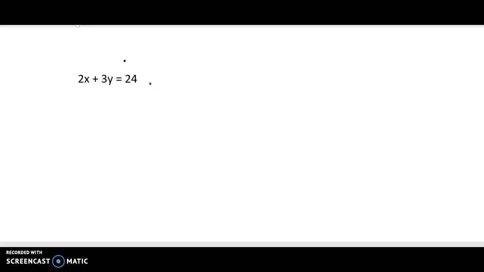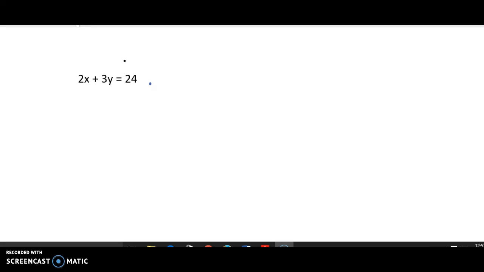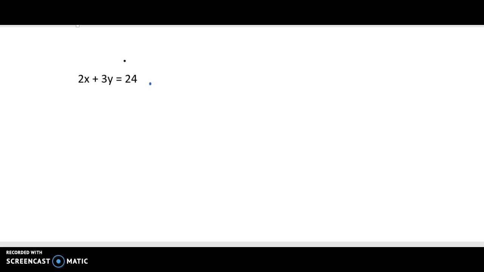Okay, I just wanted to take a look at a situation you may run across. We are used to solving equations when we have equations in the form of something like this: y equals 3x plus 4.